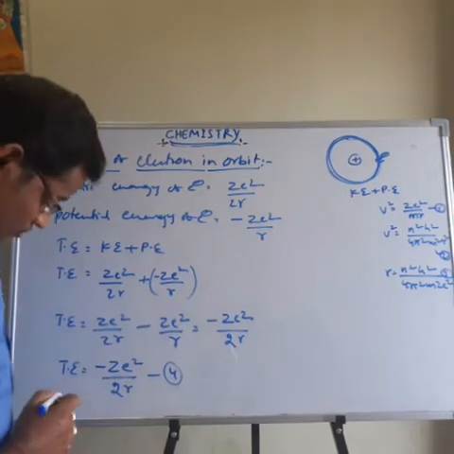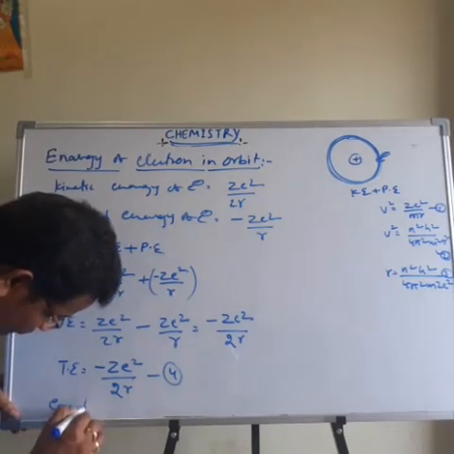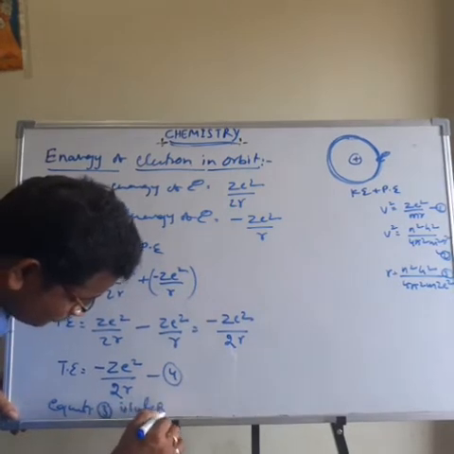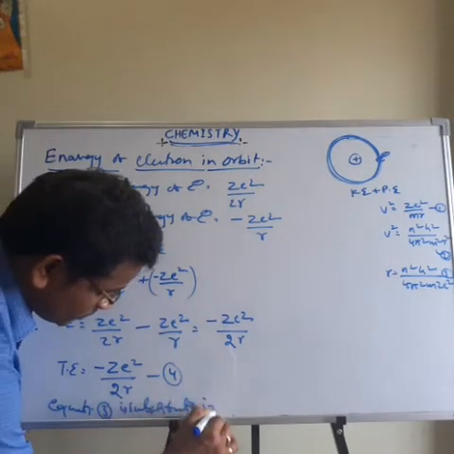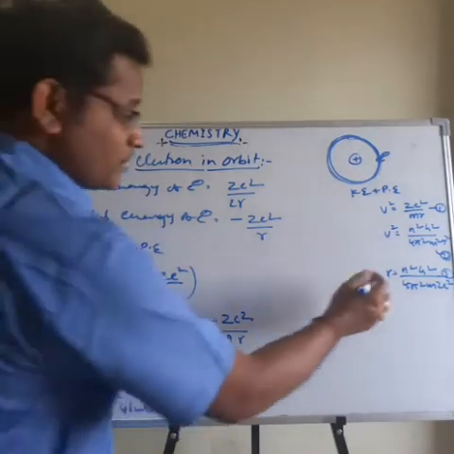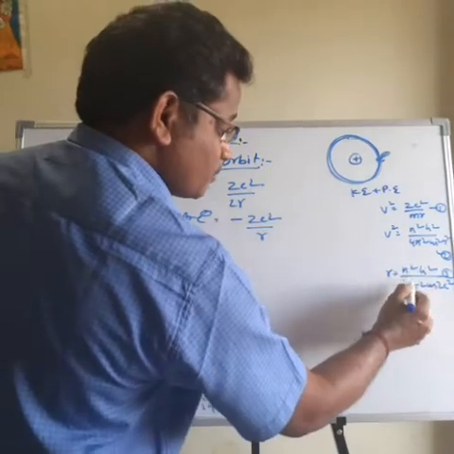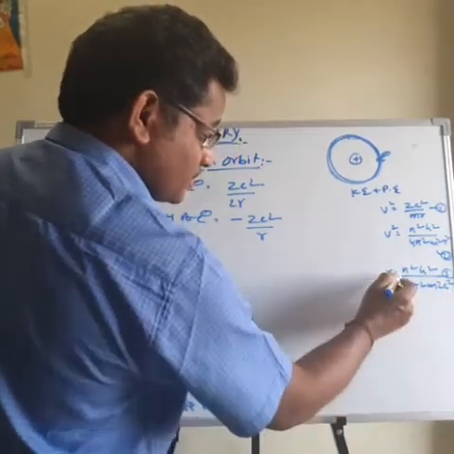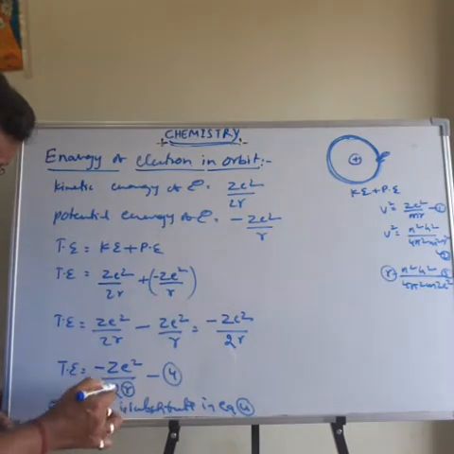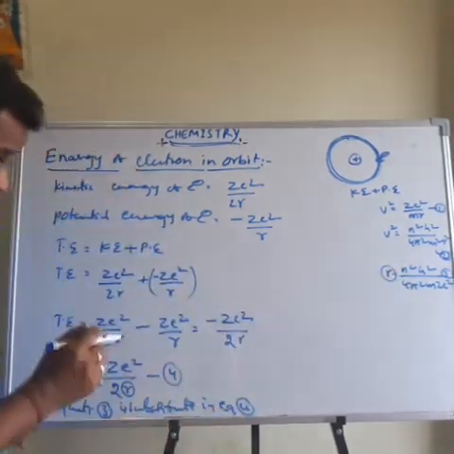So equation 3 is substituted in equation 4. What is equation 3? Radius is N square H square by 4 pi square M Z E square. Here the R value is substituted in this equation; in the place of R we write this formula.